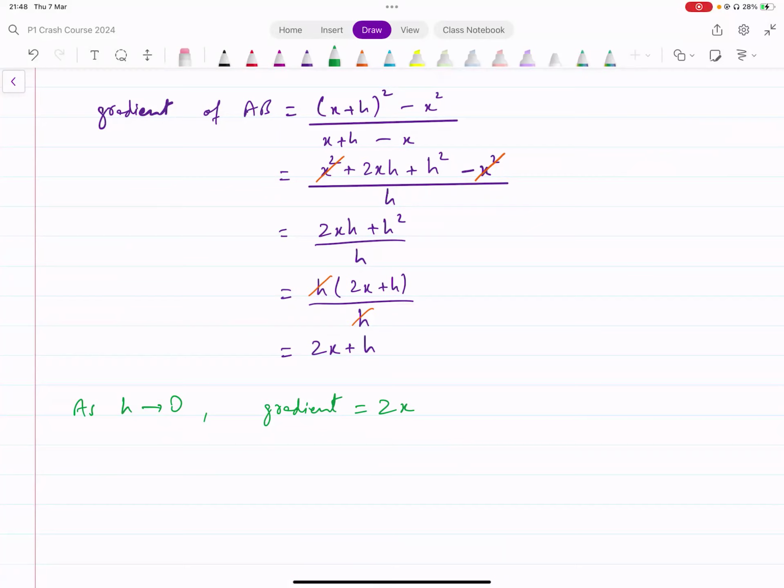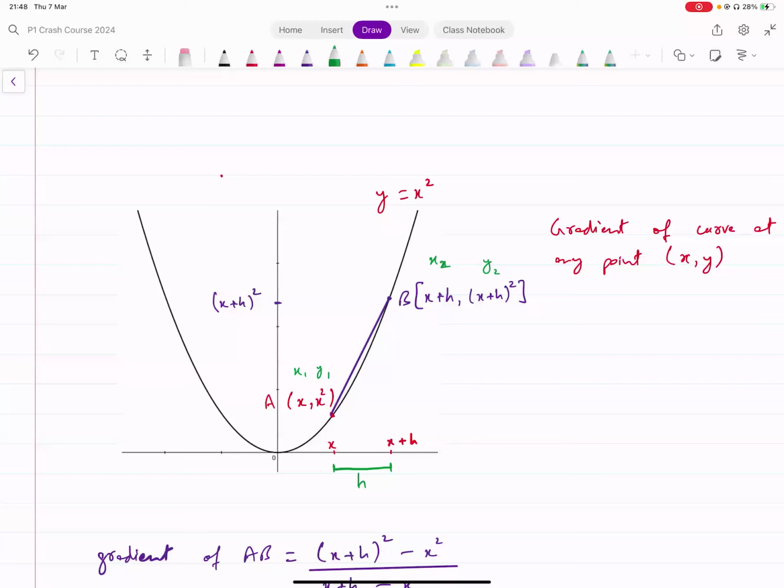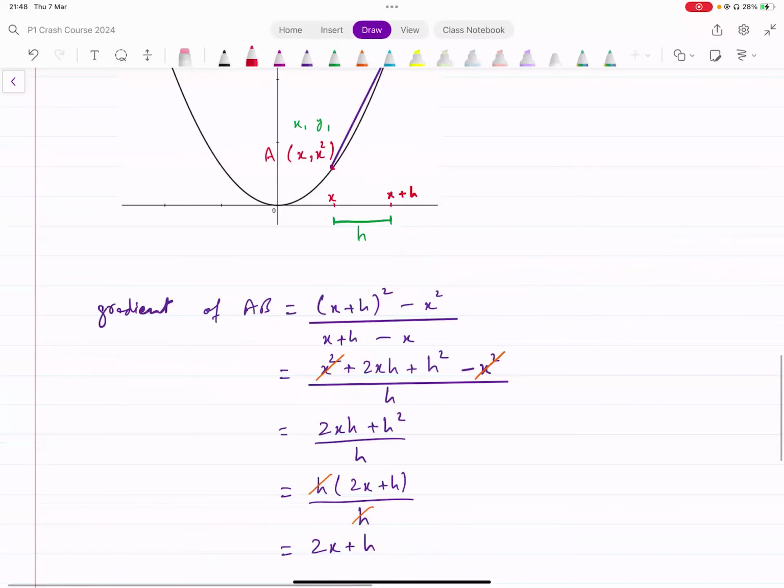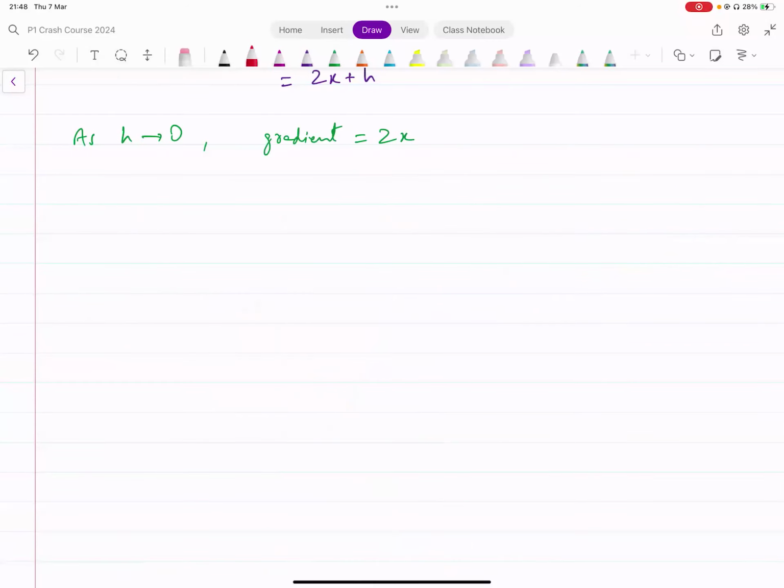And that actually gives us a general formula for the gradient of this function. Whenever we have a function like x squared, the gradient of that function is going to be given by 2 times x. Now, if you wanted to find the gradient value at any particular point, you would just put the value of x of that point, and this expression is going to give you the gradient.